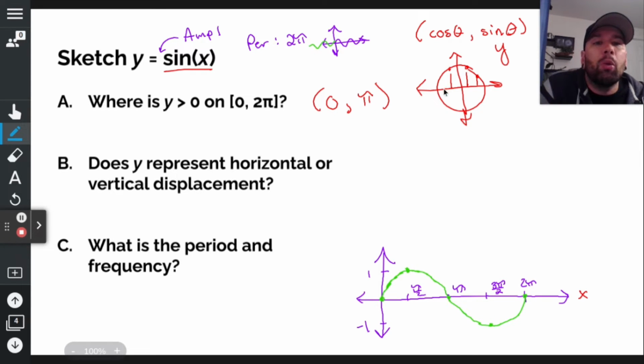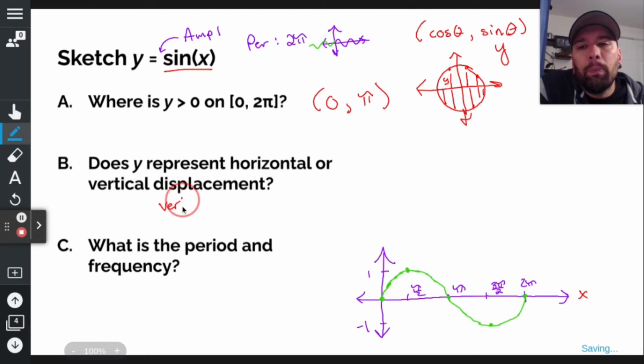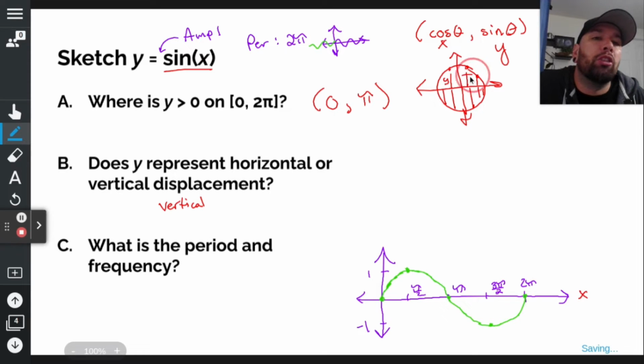As I'm spinning around, I'm really finding the distance from my dot to the x-axis, which is a y value. So this is vertical. Generally speaking, sine is vertical displacement, whereas cosine, since that represents the x value, would be horizontal displacement.